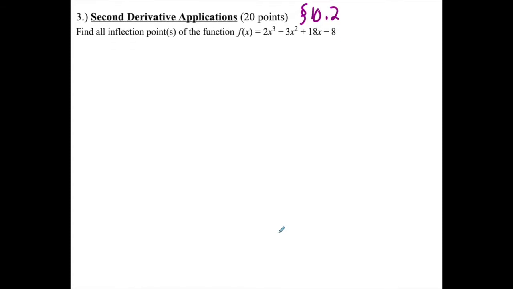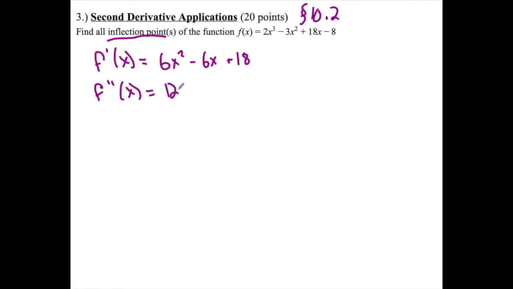Okay, second derivative applications. So we need to find the inflection point. Now, here's the thing. I kind of tried to set you guys up. When I say the word second derivative, that should indicate that you're going to need the second derivative. All right, I might not be as nice on the final in terms of telling you what you need to know.